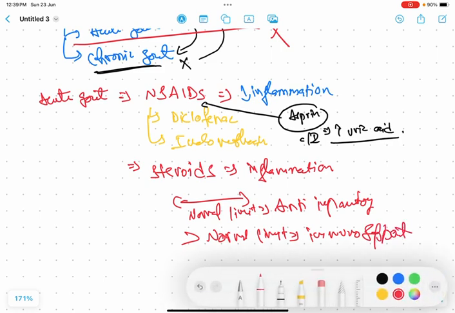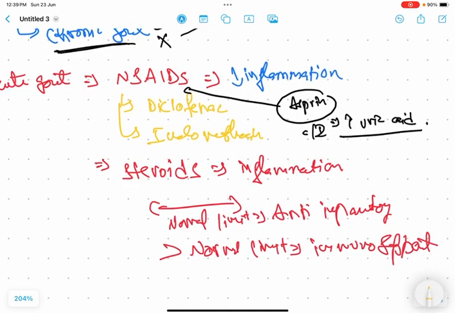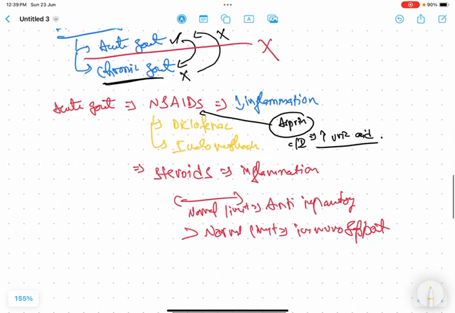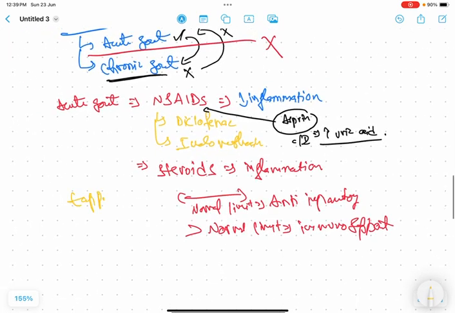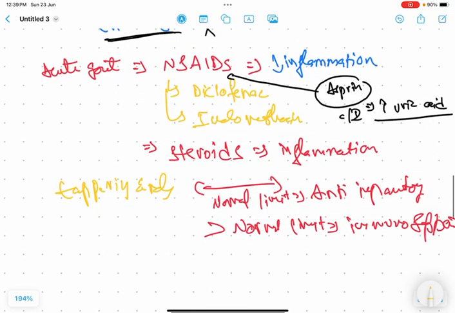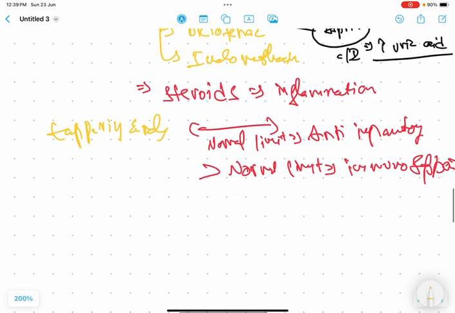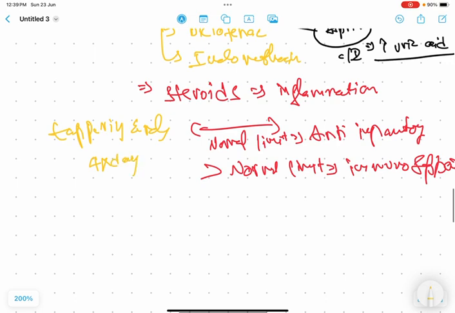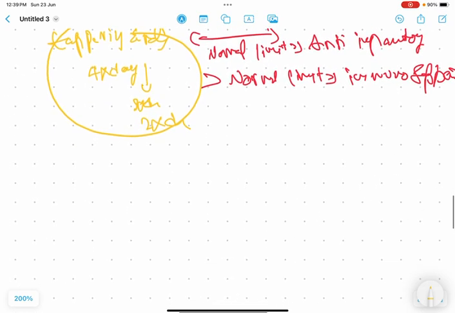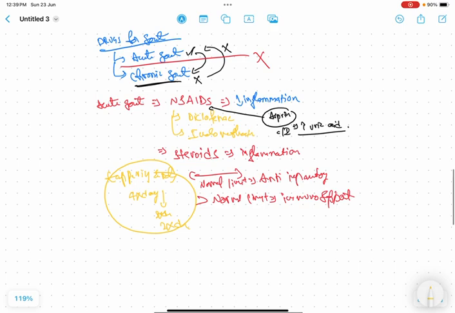So when the patient is taking steroids, he must not stop abruptly, but stop with tapering ends. What does tapering mean? Suppose we are prescribing 4 times per day, then we decrease this to 3 times a day, 2 times a day, like this. This is called tapering. This whole thing was about acute gout.